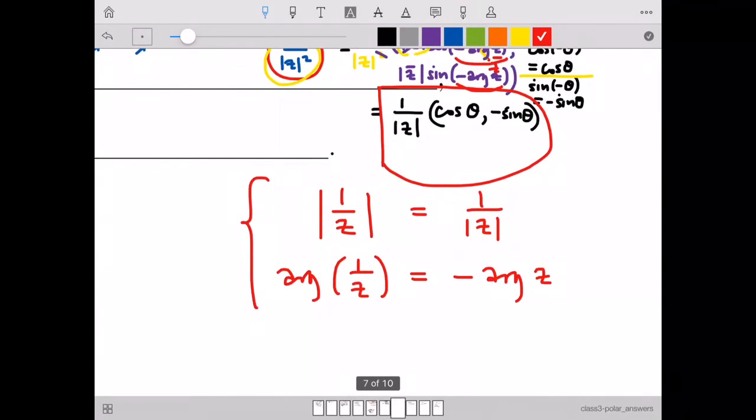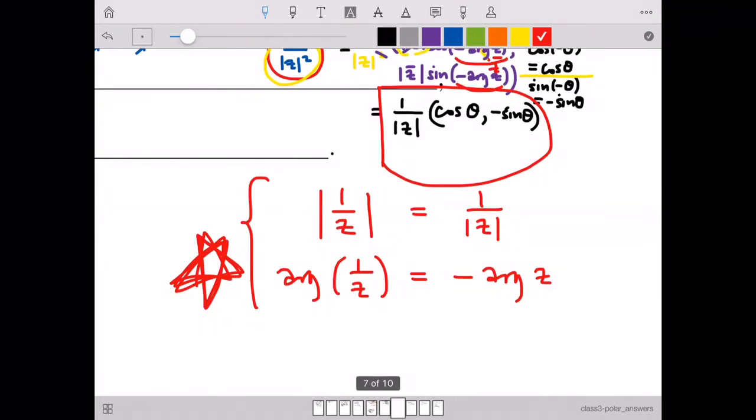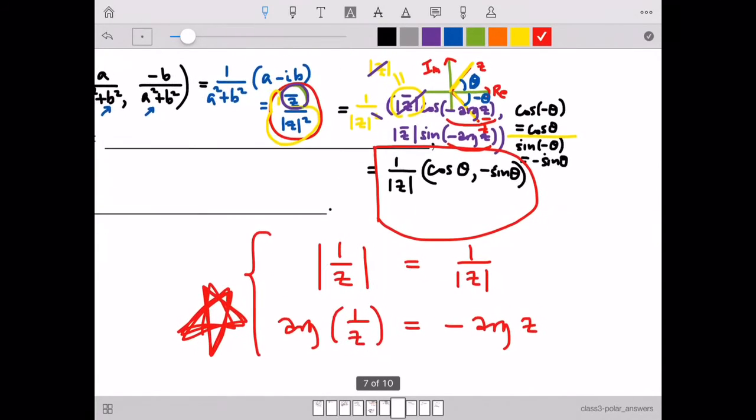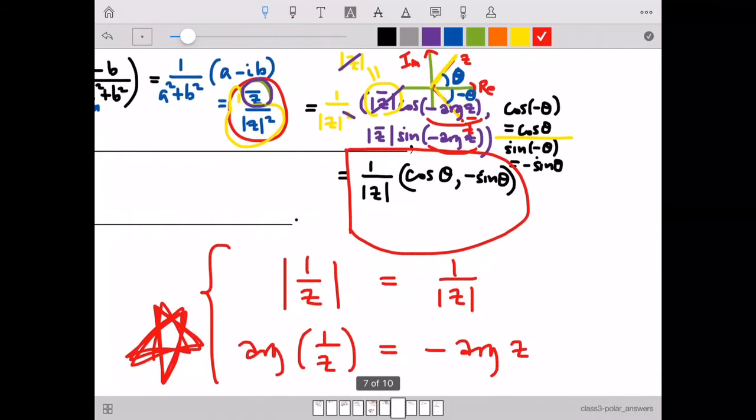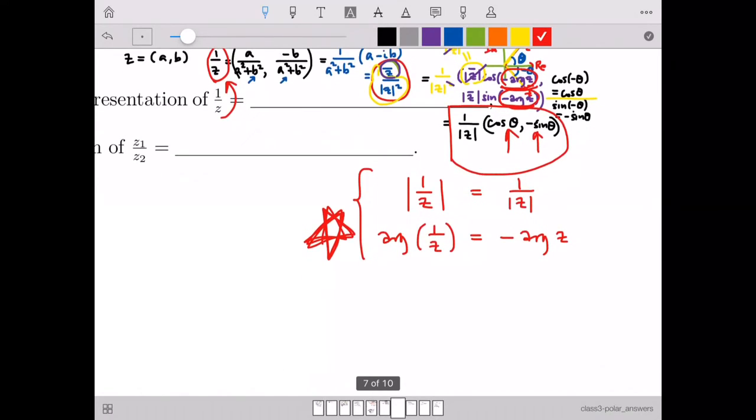We get this from minus of the angle. You will have to memorize everything.